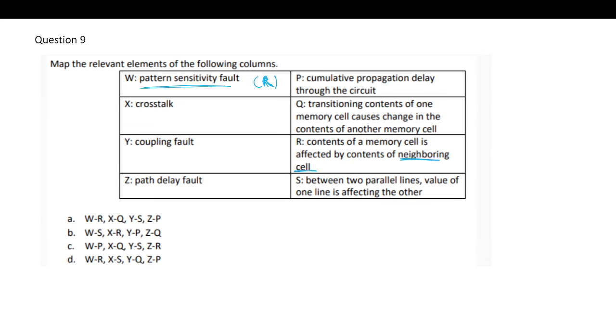The coupling fault was with respect to the memory, where a transition in one cell was affecting the next cell, and path delay we said is a cumulative effect. So it's option D.